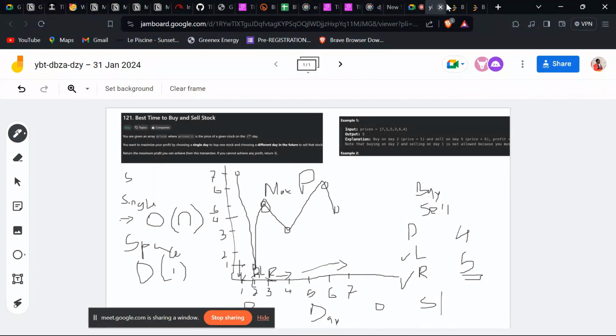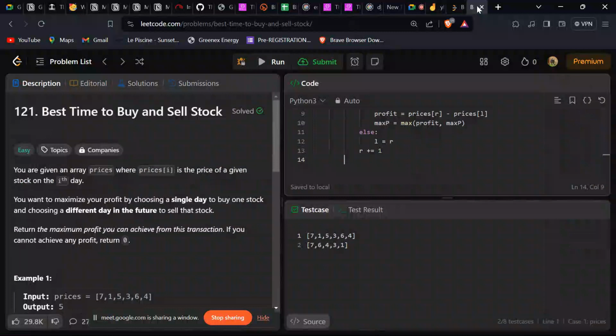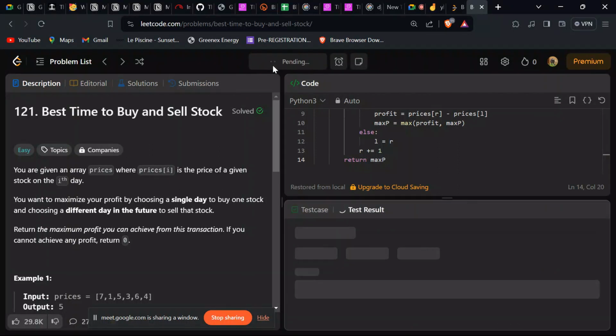That's the order of the sliding window. So we increment our right pointer by 1, and then we just return the maximum profit that we had updated.